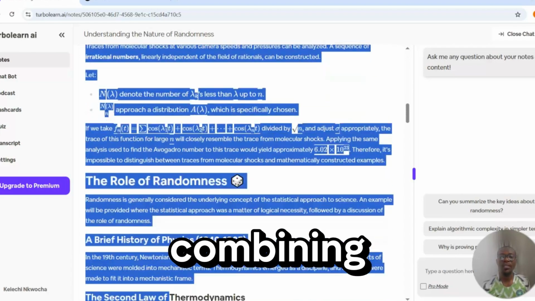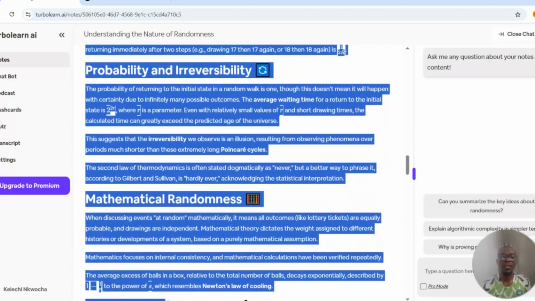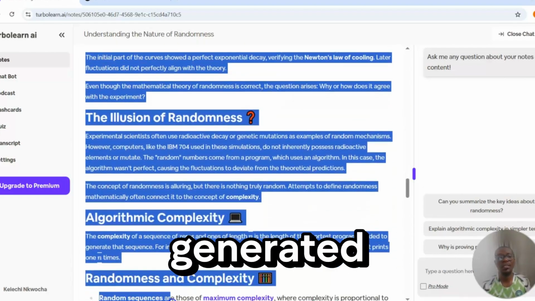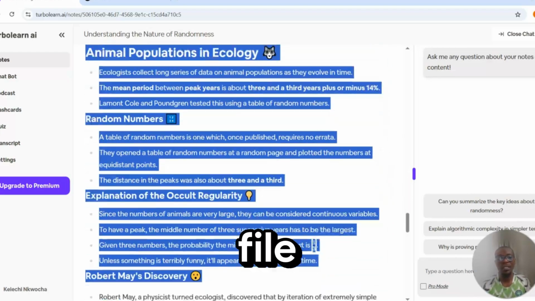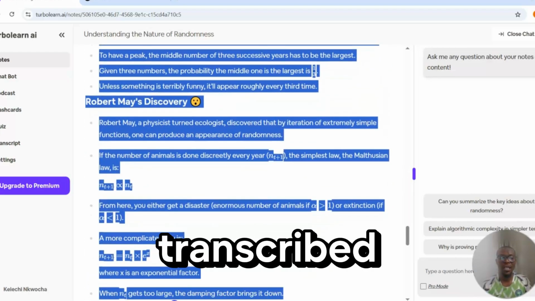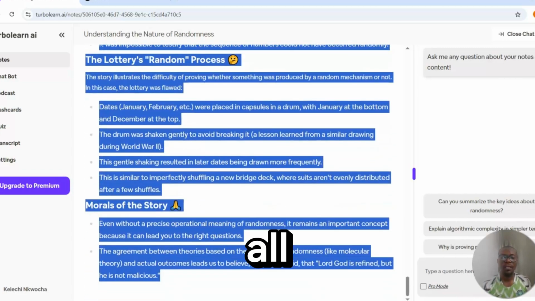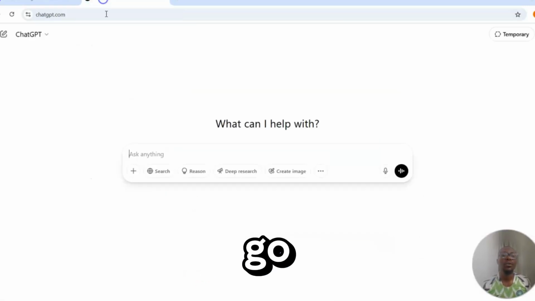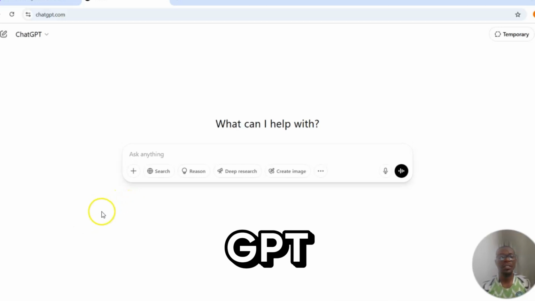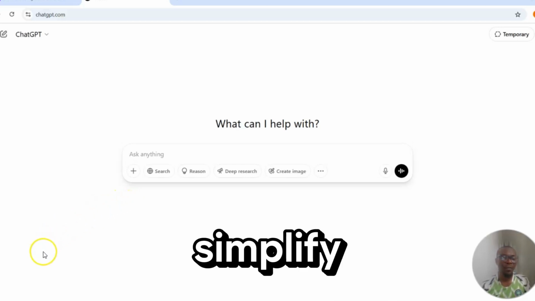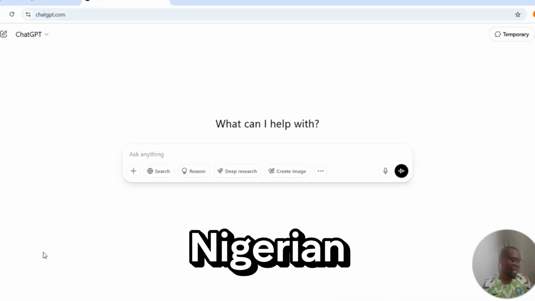Okay, so I'm combining notes now, copying this now, that have been generated. Remember, this is an audio file that was transcribed to this. Now I've copied all these. Now go to ChatGPT, and I'll ask ChatGPT to simplify this and maybe use Nigerian context.